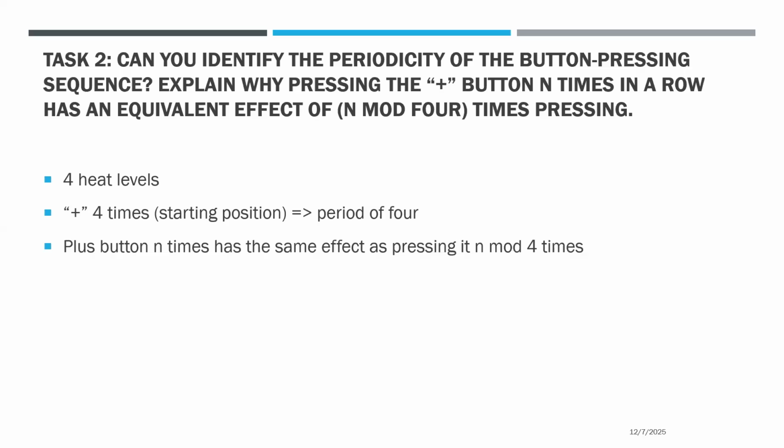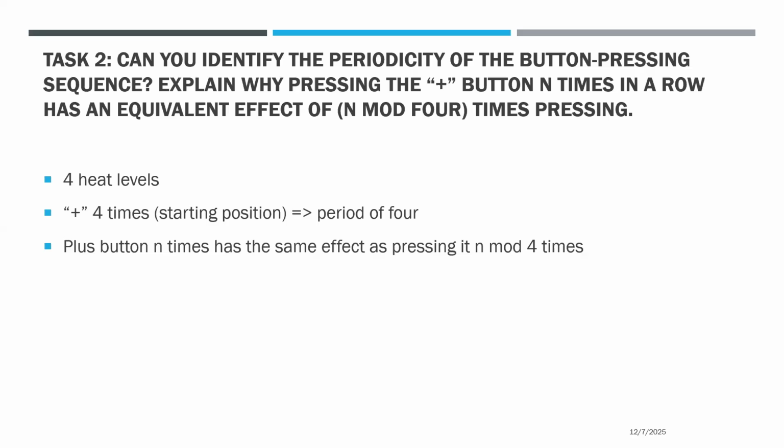Task 2, can you identify the periodicity of the button pressing sequence? Explain why pressing the plus button n times in a row has an equivalent effect of pressing n mod 4 times. So we are asked to find the periodicity of the button pressing sequence.